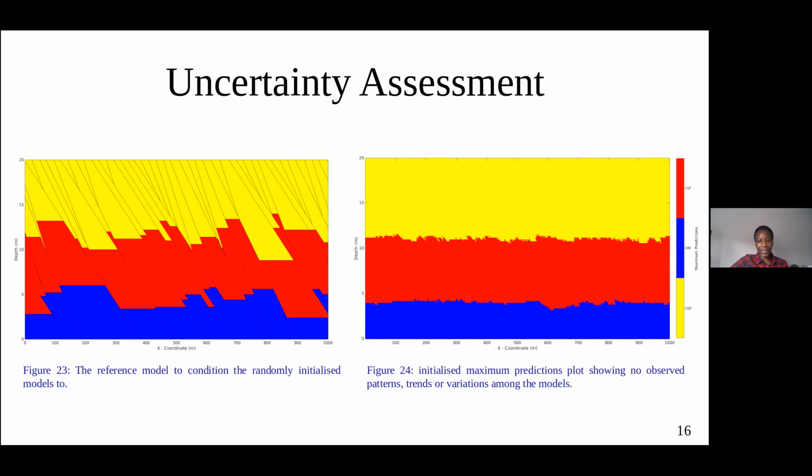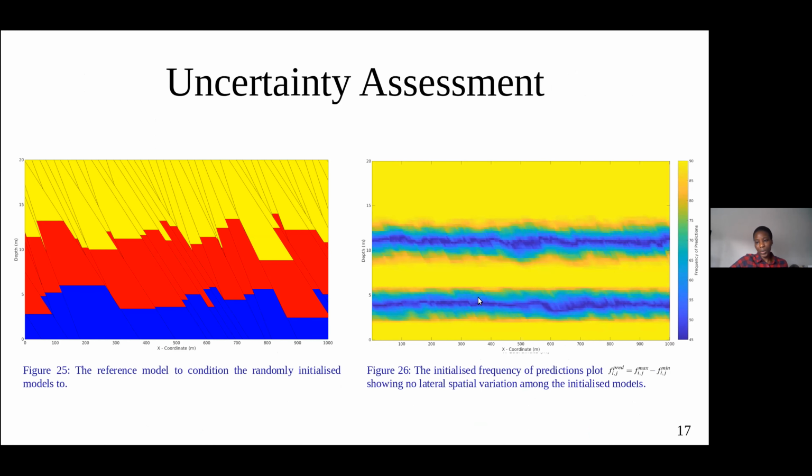Now, to understand the uncertainties, which is really the value of this approach, we start off with a reference model as shown here. And shown here is the maximum predicted facies type for randomly initialized models. What we can see here is we don't really see geological patterns being captured for randomly initialized models.